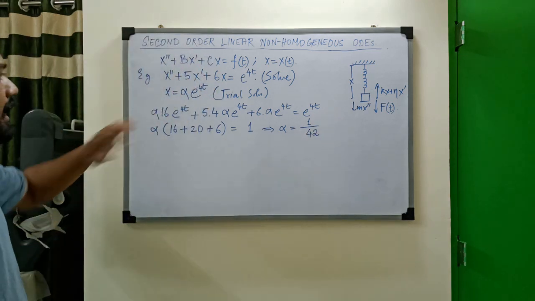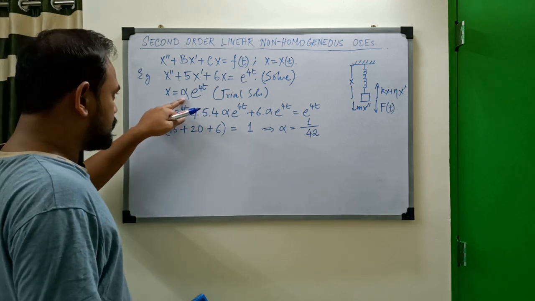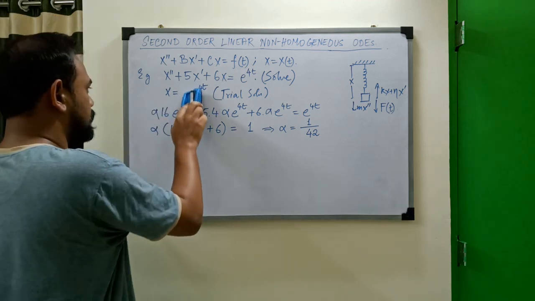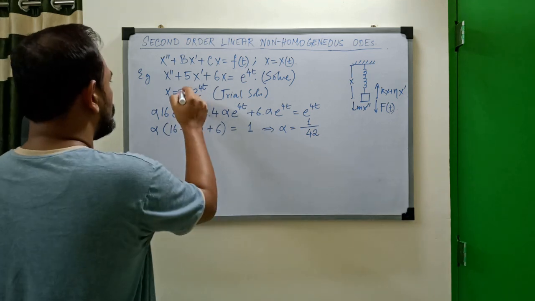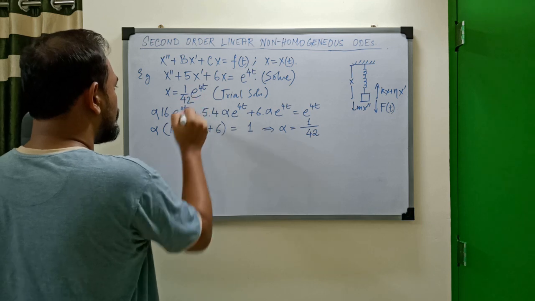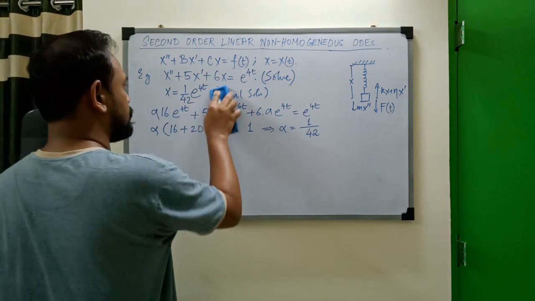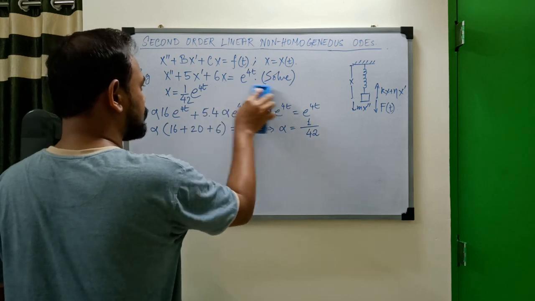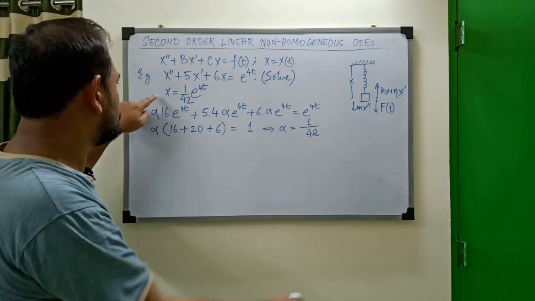And so I can say that I know alpha, so I can just write down this value, which is 1 over 42, and it is no longer a trial solution. In fact, it has a particular name.